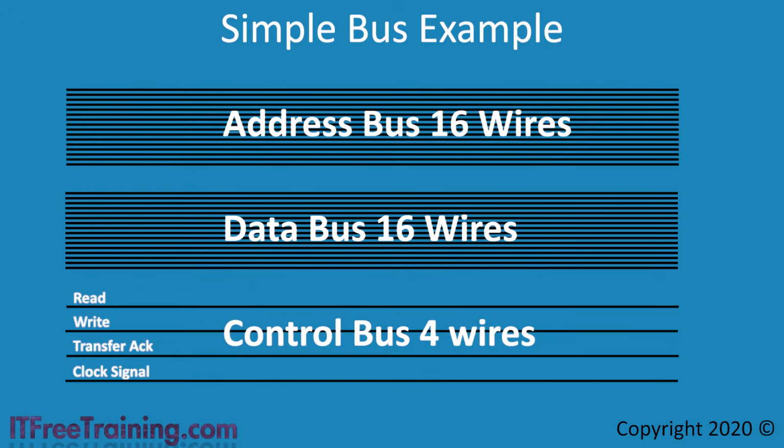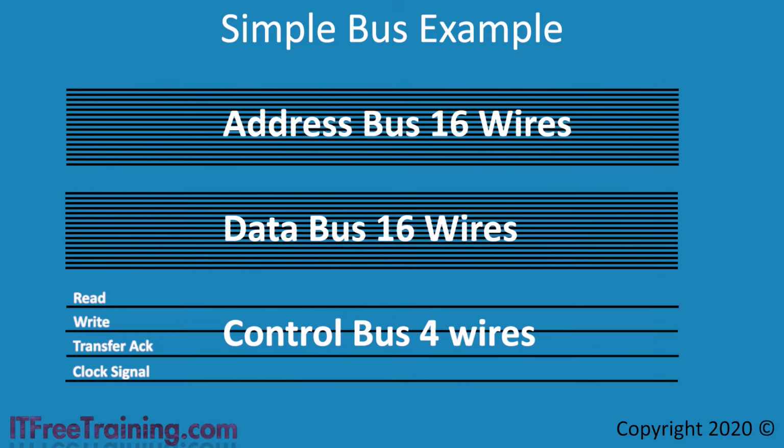The read and write wires determine if data is being sent, and the transfer acknowledgement wire determines if the data went through okay. So essentially, set the address bus to the address you want to read or write to, place or receive your data on the data bus, and use the control wires to determine when to start the transfer, what sort of transfer, be it either read or write, and if it was received.